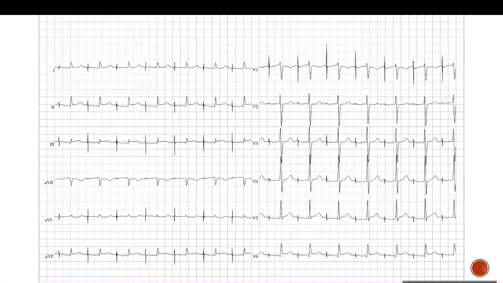Some people might be very symptomatic with a very long AV delay, and for those you might want to shorten it. The basic thing is you want to minimize ventricular pacing, but also keep the patient as symptom-free as possible. So that's why we don't see any ventricular pacing, but it doesn't mean that the ventricle is not sensing and being inhibited.